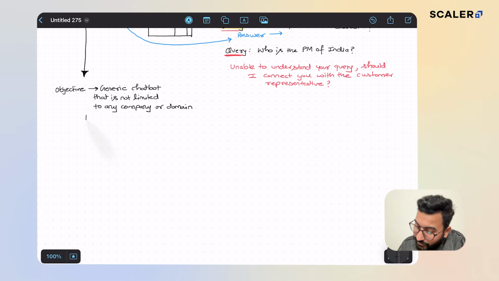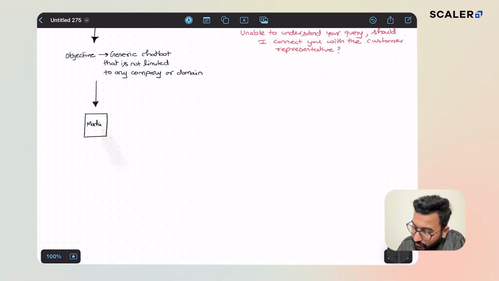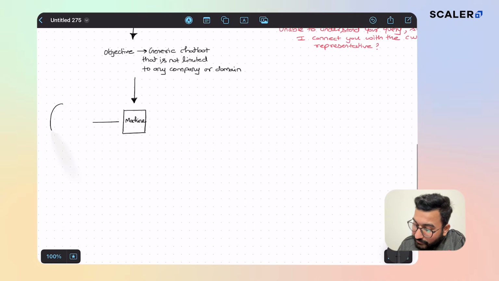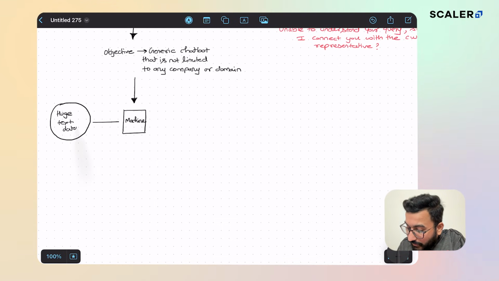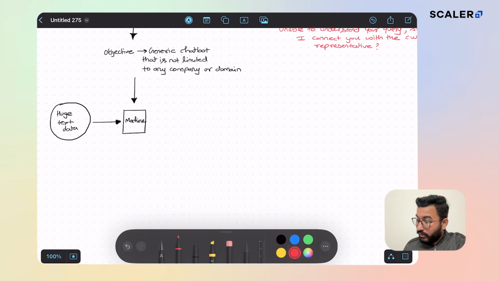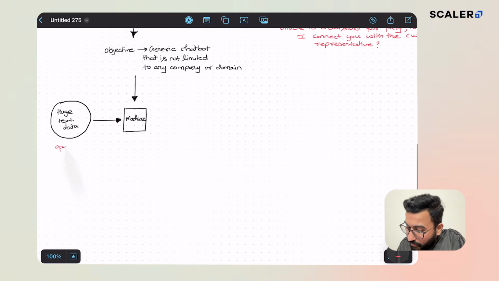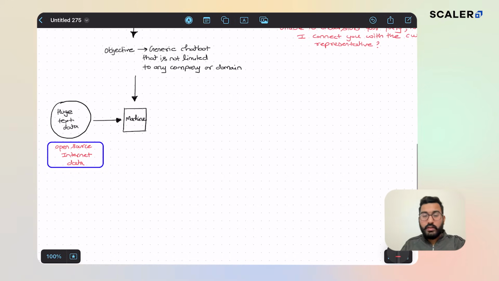If you want to come up with this generalized chatbot, you have to train this machine on a huge set of text data, and that is what you need to feed to this machine. Huge text data means the open source internet data. And that was the problem which the scientists were facing.